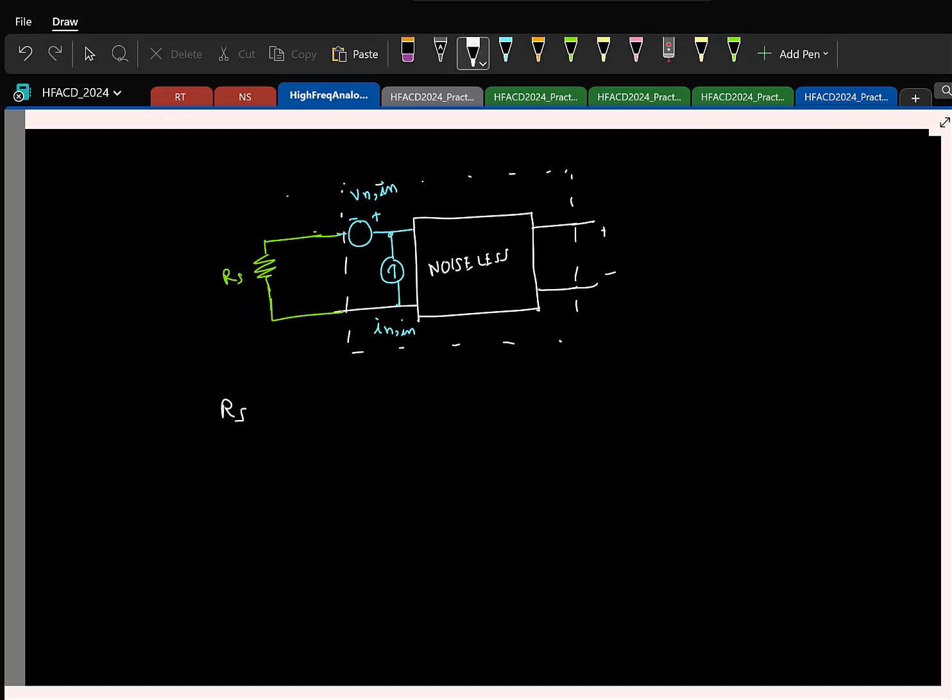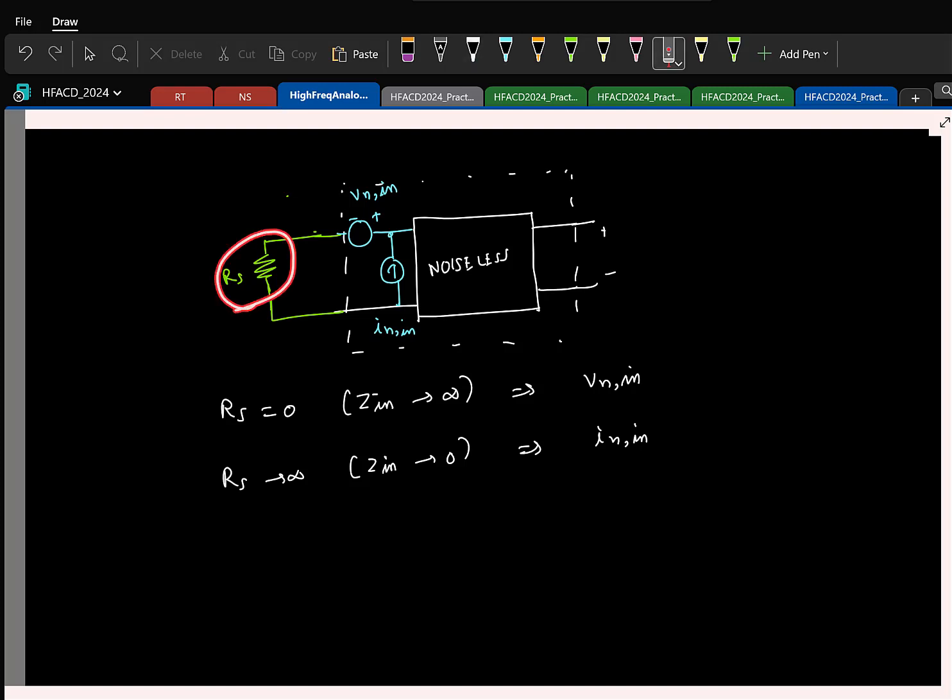And as we saw, if RS is 0, or in other words the input impedance is infinity, only the voltage is enough. If RS is infinity or Zn is 0, the current alone is enough. But for other values of RS, you need both of them. And obviously, finally, you don't know what the source resistance is, so you need to have both of them.